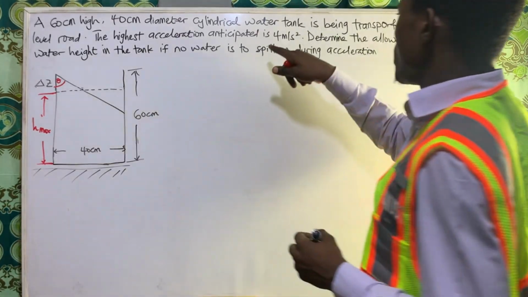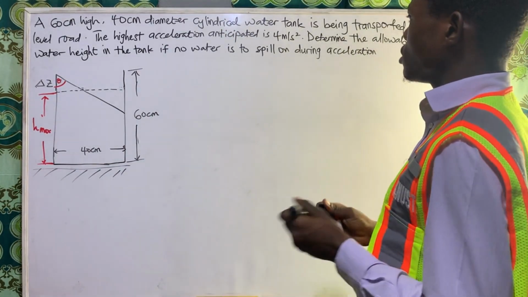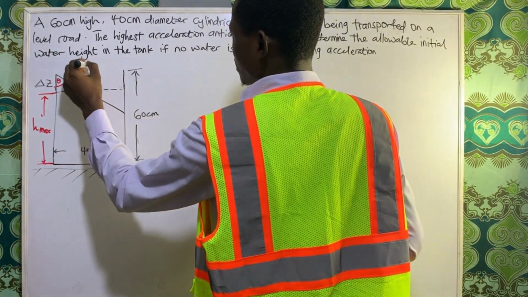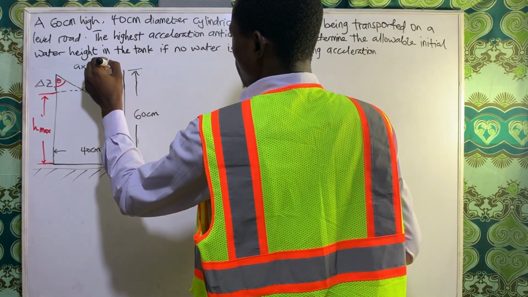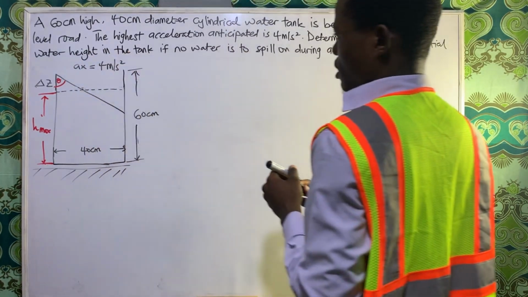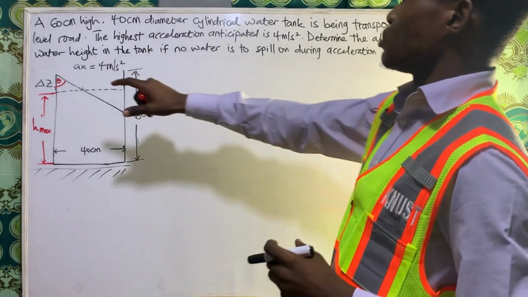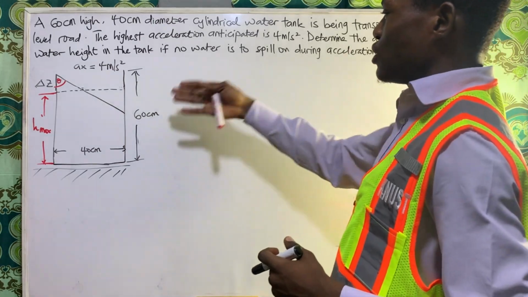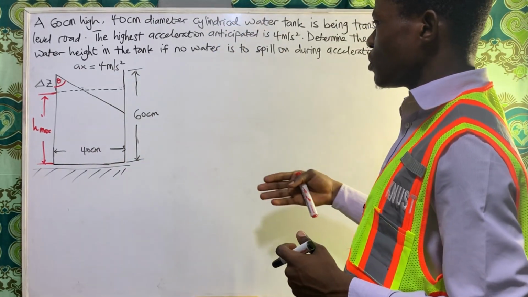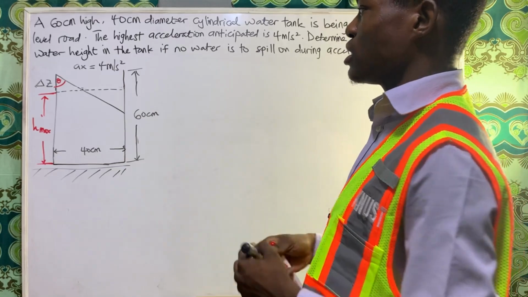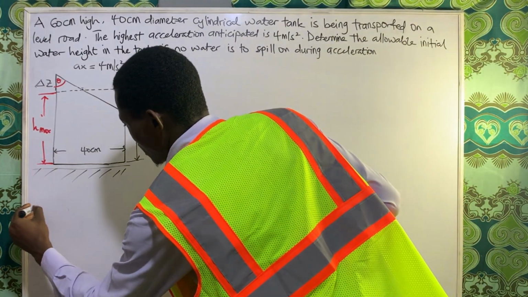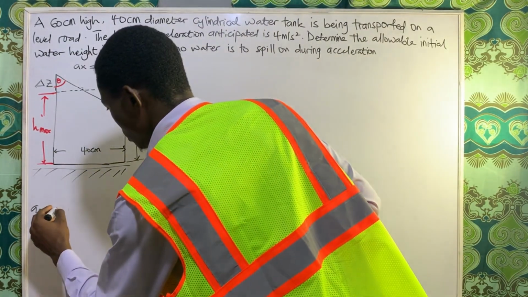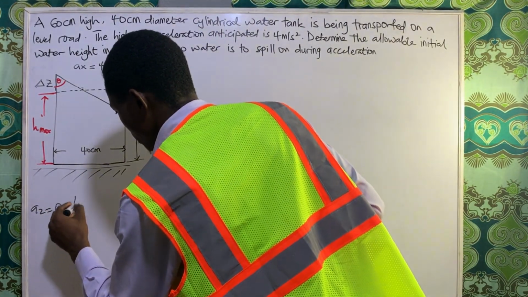We were also given the acceleration along the x-axis, so we can name it ax, equal to 4 meters per second squared. Since it is moving along the x-axis, we can assume there is no vertical acceleration. So az, the vertical acceleration, is 0 meters per second squared.